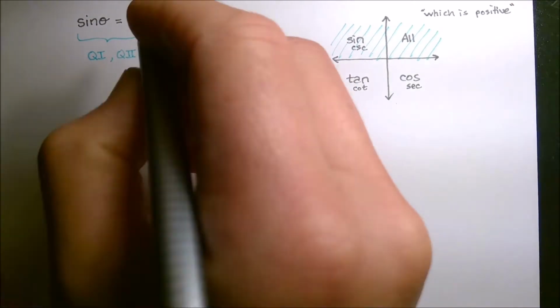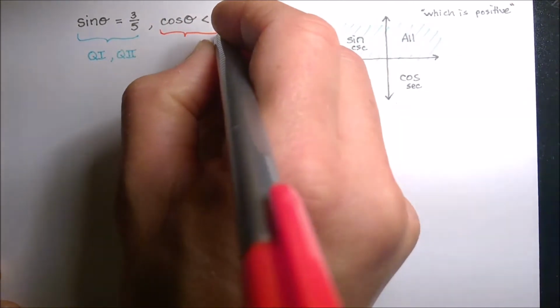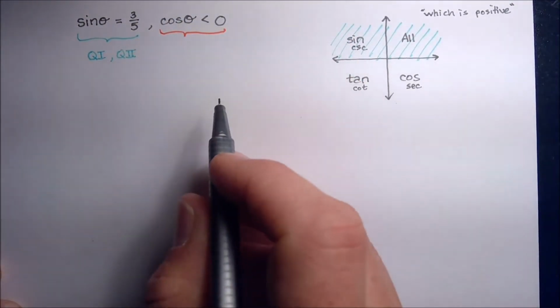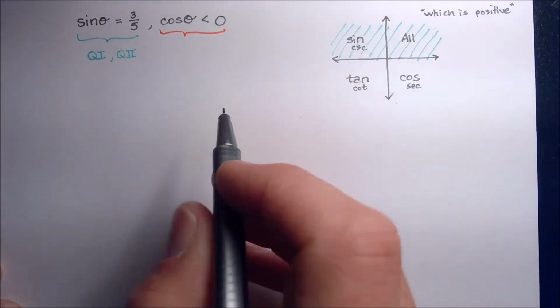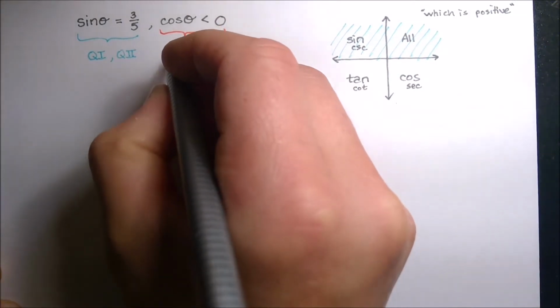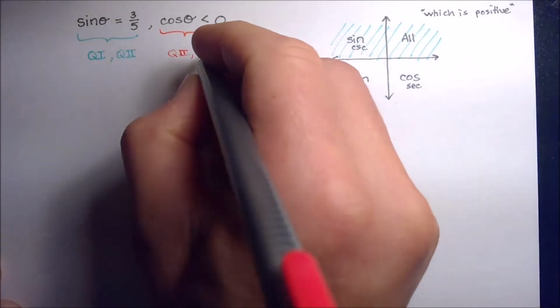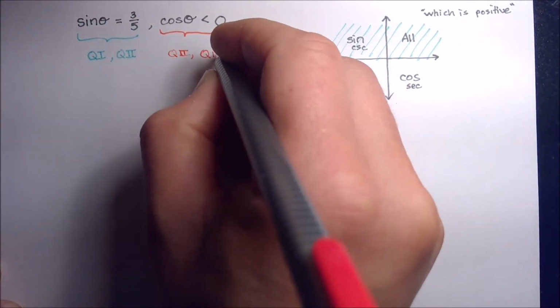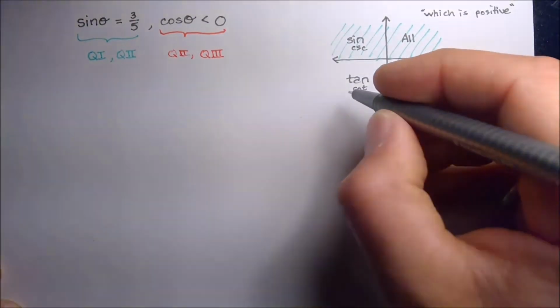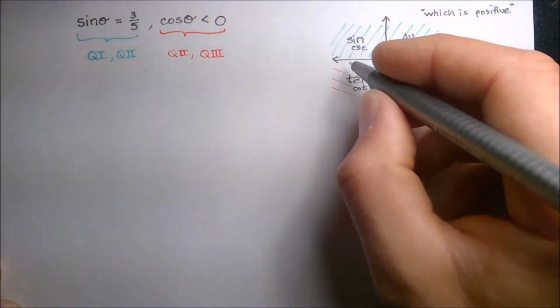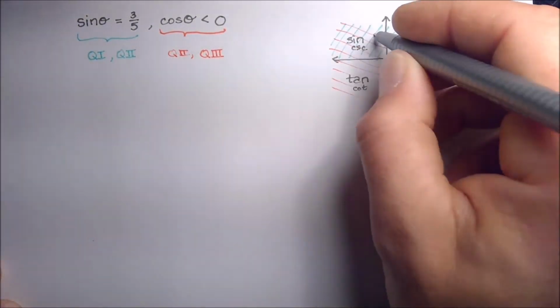The second piece of information right here says that cosine is negative. That means we're dealing with either the second quadrant or the third. So we're talking one of these 2.